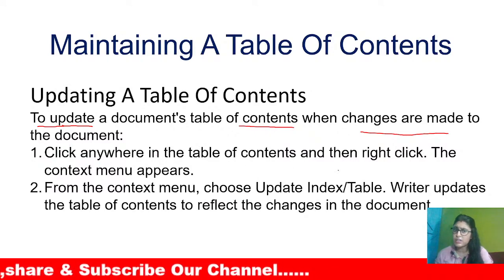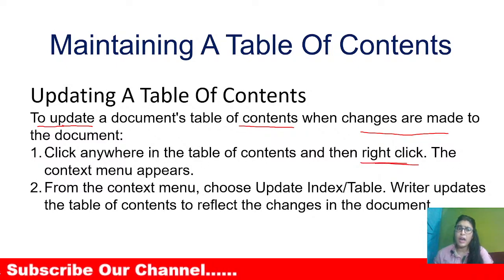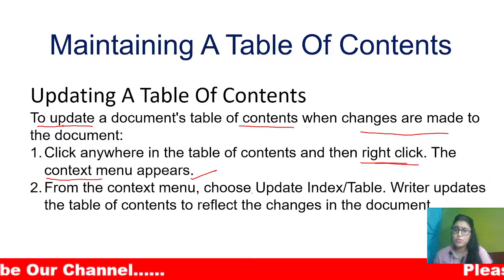Okay, so now we will see what the steps are. First, click anywhere in the table of content, or just right click on the table of content. Then the context menu will appear. From the context menu, choose Update Index/Table.